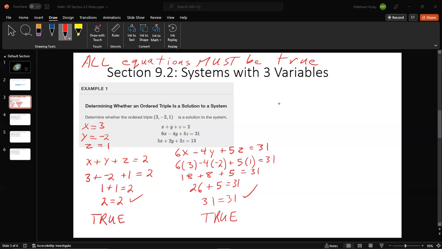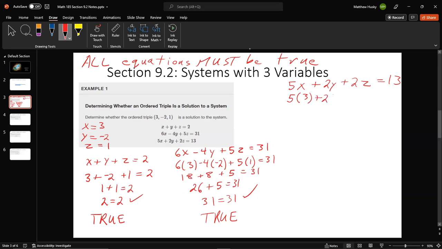So we've got one last equation here. We've got 5x plus 2y plus 2z is equal to 13. We're going to replace the x values. So that's going to be 5 times 3.